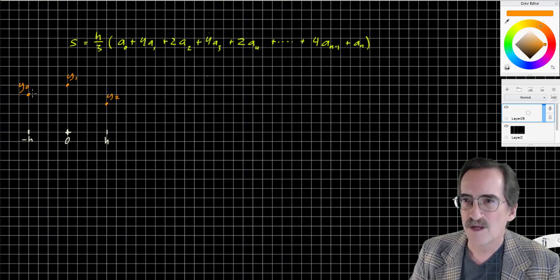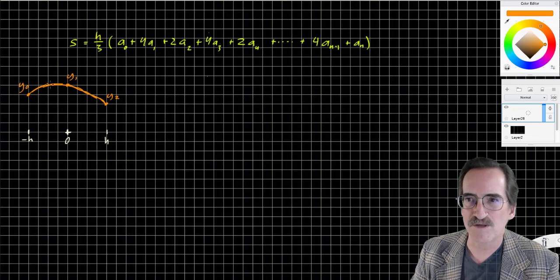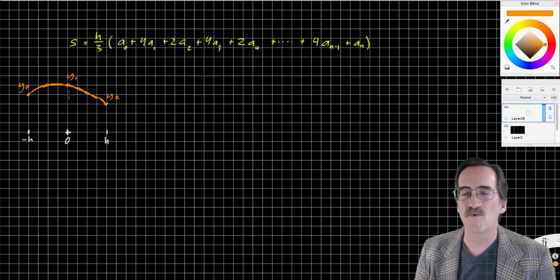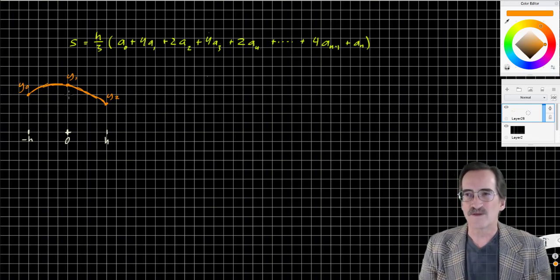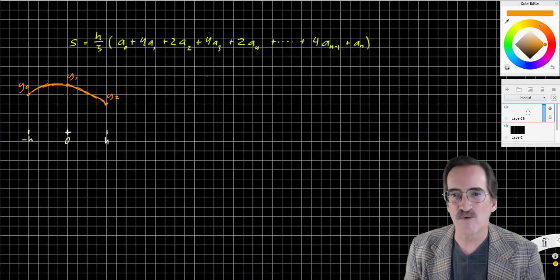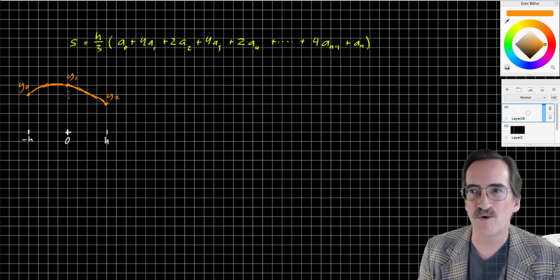And we'll fit a smooth parabolic curve to this. In the way I've drawn it, the vertex of the parabola is going to be somewhere between y0 and y1, but you get the idea. We can fit a parabola to any 3 points.